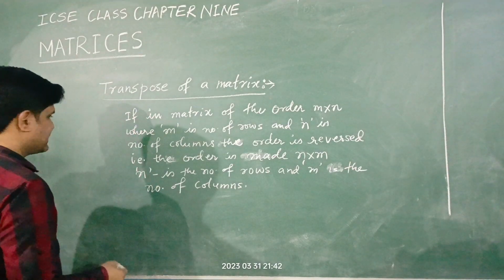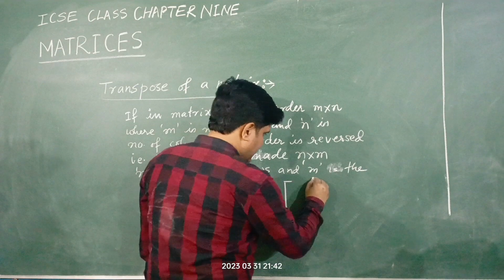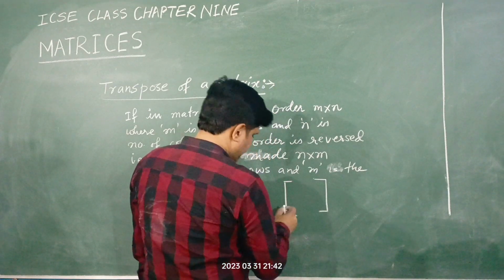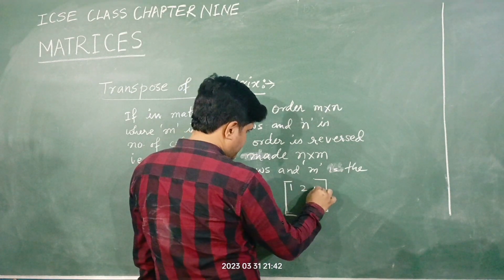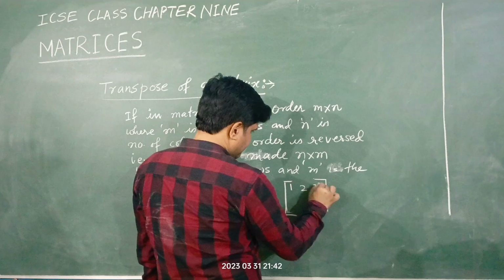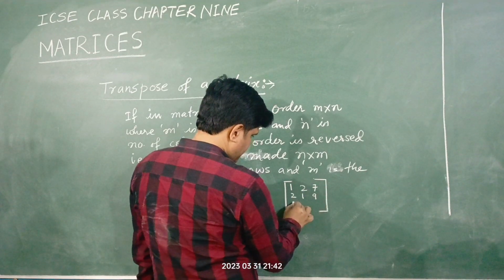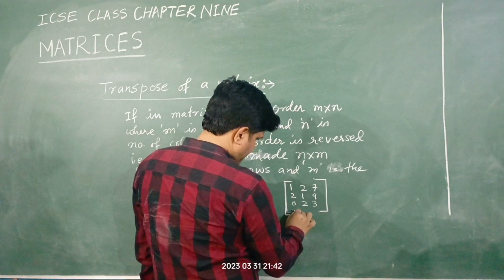Now let's see with an example. I think the words are enough to tell, but without the example, things will not be crystal clear. Let's see. I write a matrix: 1 2 7, 2 1 9, 0 2 3.